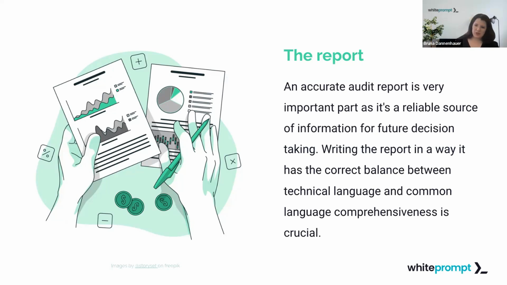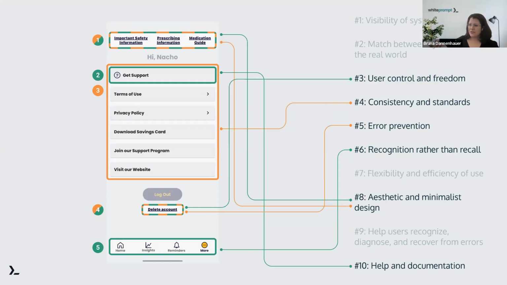Usually in our reports, we do a presentation. It's usually not a long text, something that's too dense on text, because this way it's hard to digest the information. For example, this is how we show our report. As I mentioned, we categorize things according to heuristics, taking into account all the things that I mentioned before.